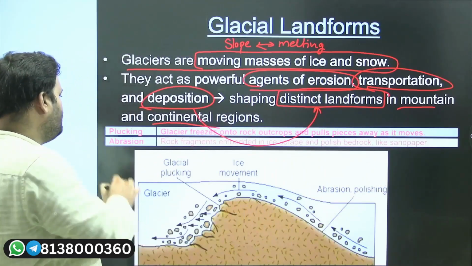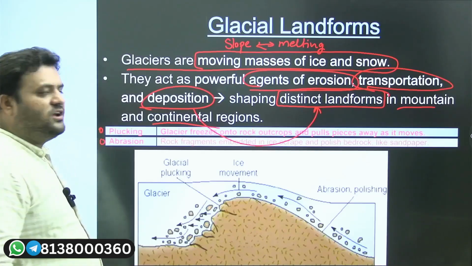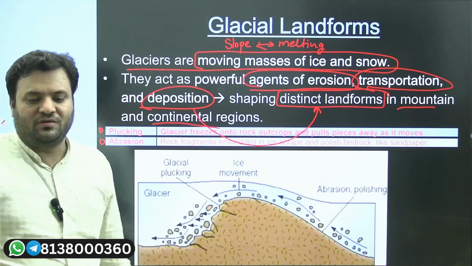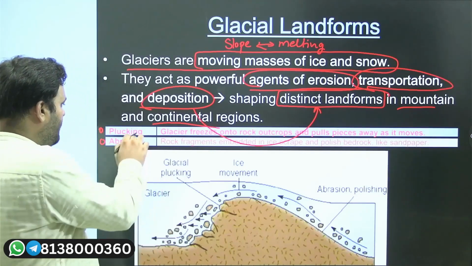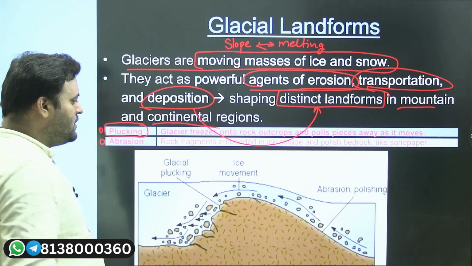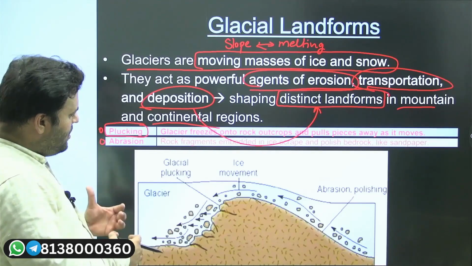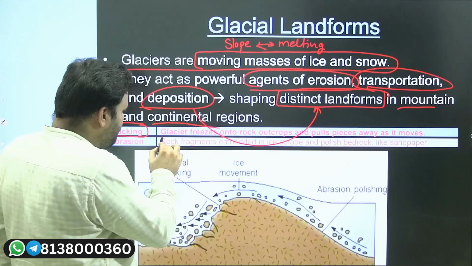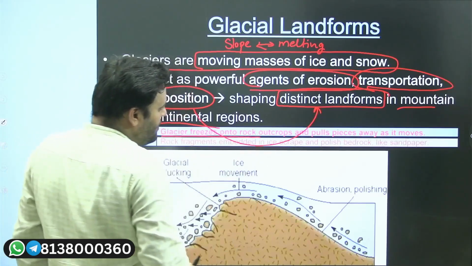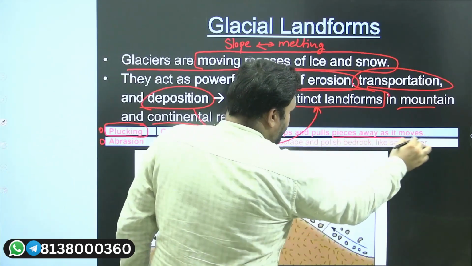We have two significant processes associated with the fundamentals of the erosional part of glaciers. First of all, we have plucking. The meaning of plucking is that the glacier freezes onto rock and pulls pieces away as it moves.